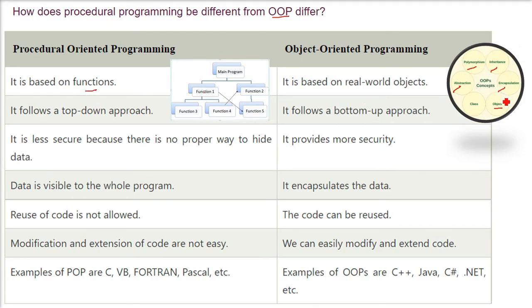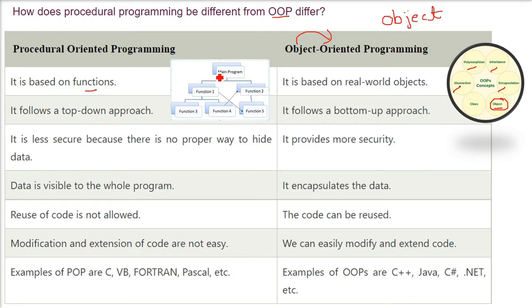While in object oriented programming, we are talking about real world entity representation, and that can be done using objects. Okay, because where is the object coming from? The blueprint class, and the class is representing the real world scenario. So everything is an object. Procedural oriented programming follows a top down approach.